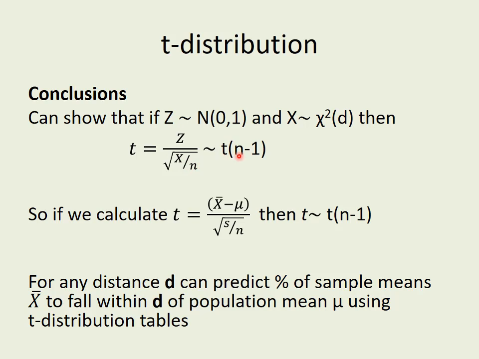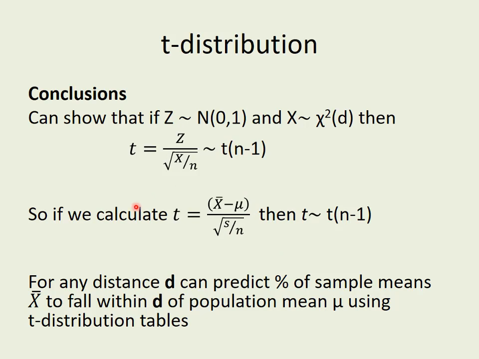You can show that that approximately follows a t distribution with what's called n-1 degrees of freedom. And degrees of freedom is similar to the idea with chi-squared and F distributions, that they're built on a certain number of random variables. So if you calculate this, then t will follow a t distribution with n-1 degrees of freedom.